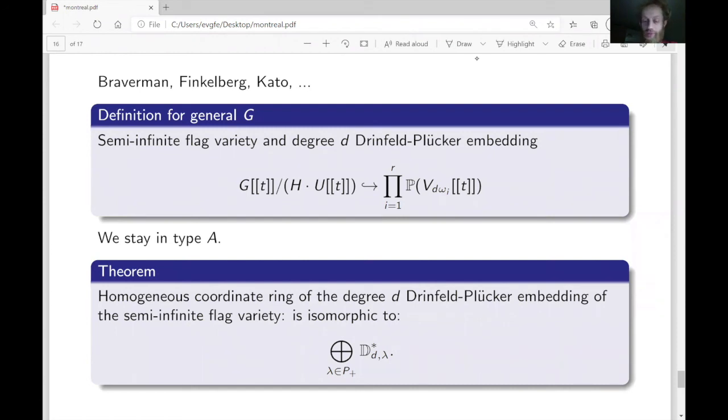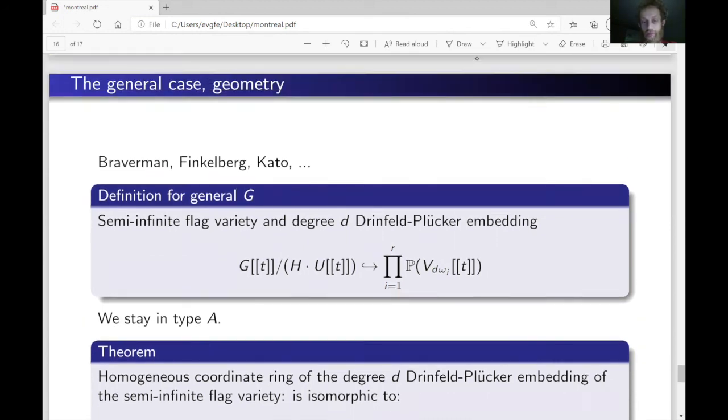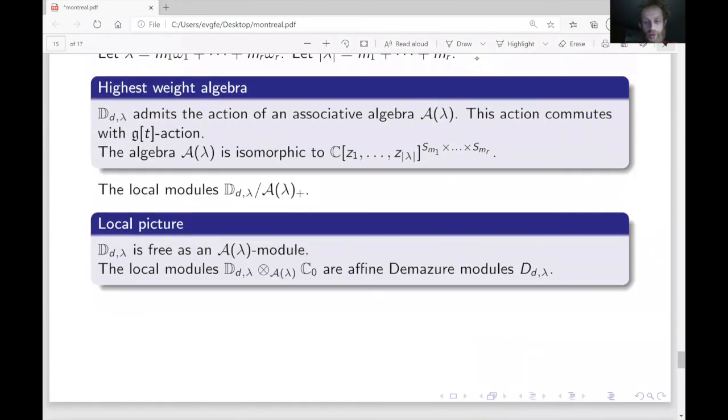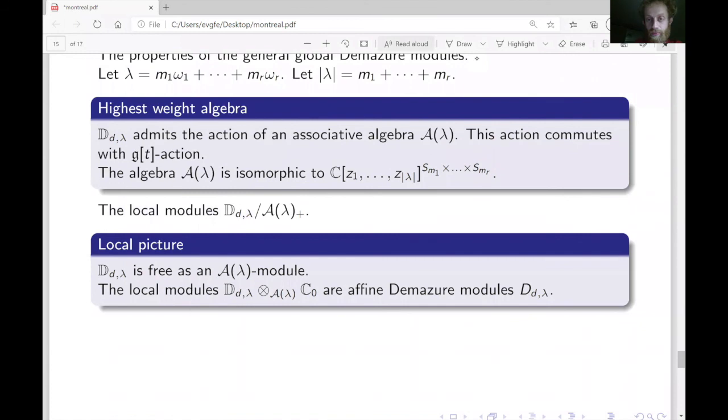There is some algebra acting there, such that the quotient is the usual affine Demazure module, and the algebra is given here. This is the algebra. It acts freely, commutes with the G of T action, and the quotient is the affine Demazure module.